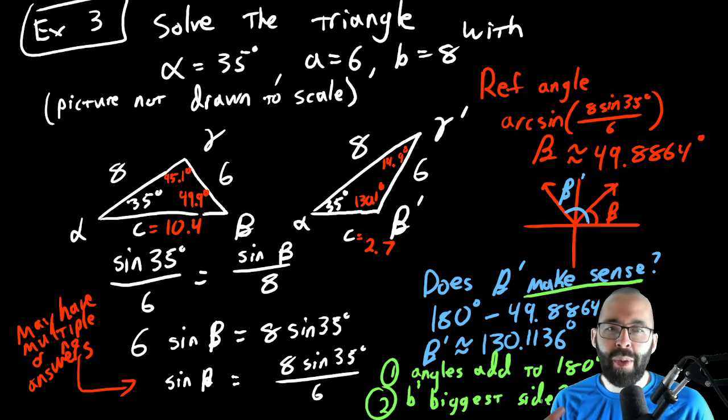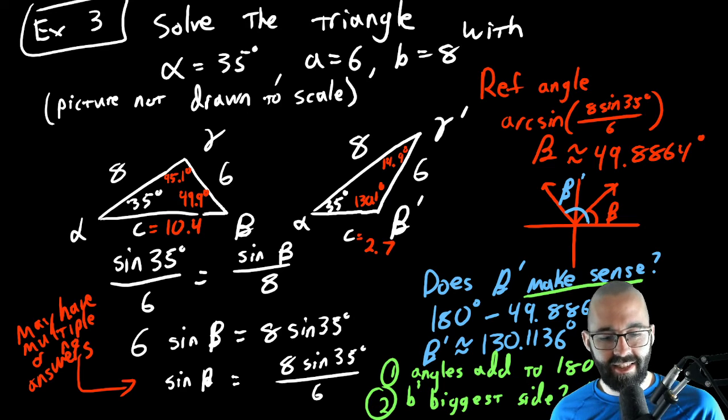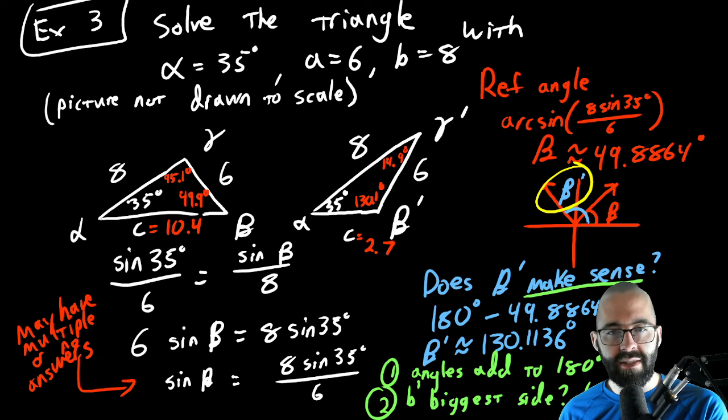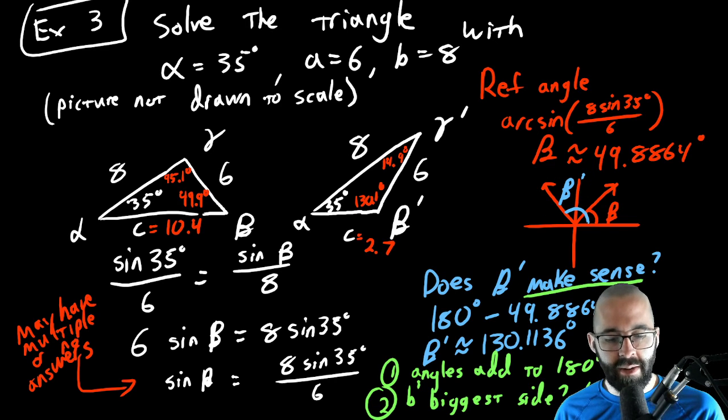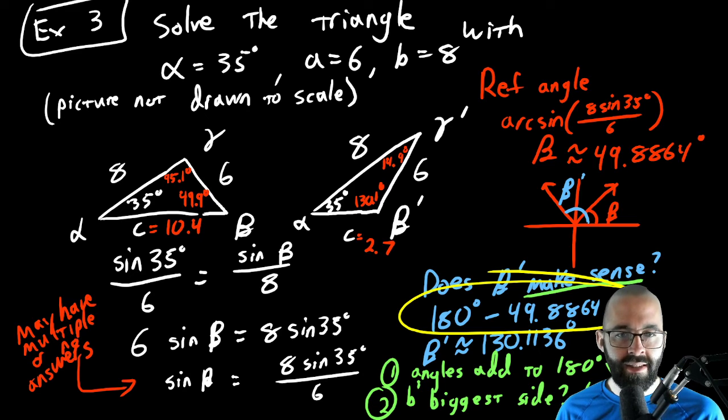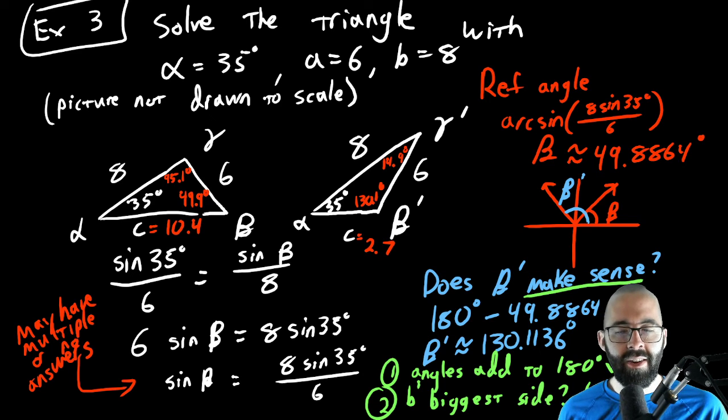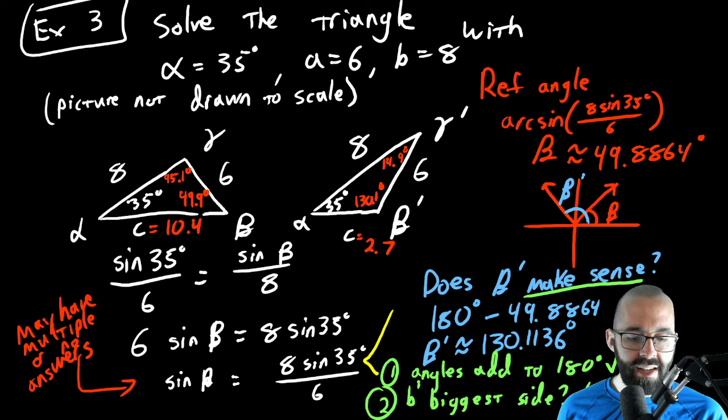You have to say, does beta prime make sense? The angle that we solve is the one in the first quadrant. There's also one in the second quadrant with the same reference angle. So you calculate it by taking 180 degrees minus that beta. And does that make sense? Are there 2 solutions? To see whether beta prime makes sense, look at these 2 conditions.